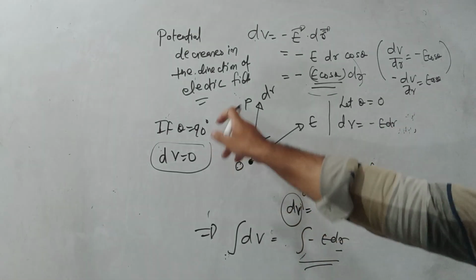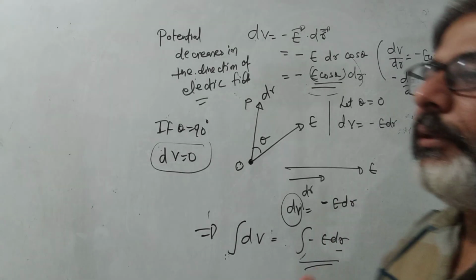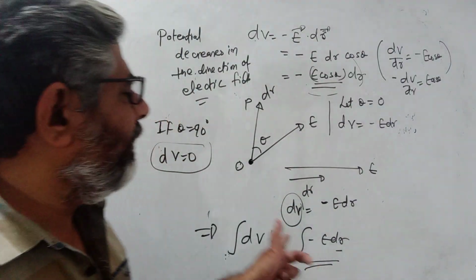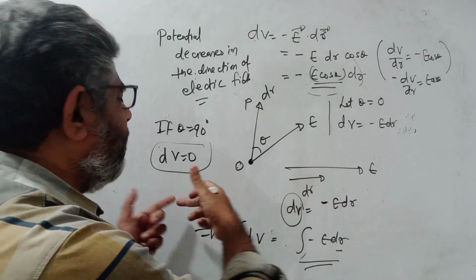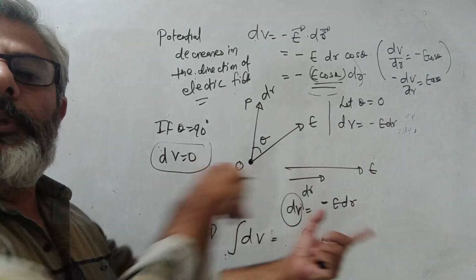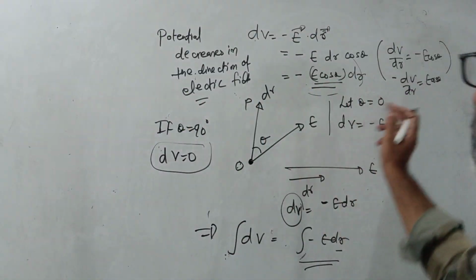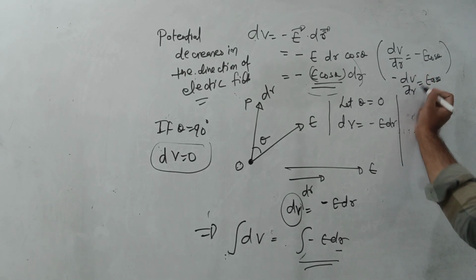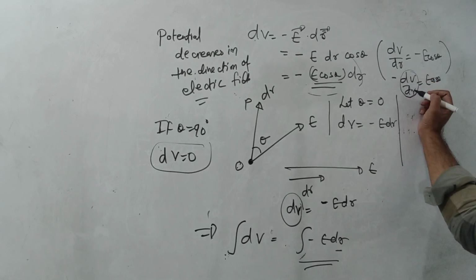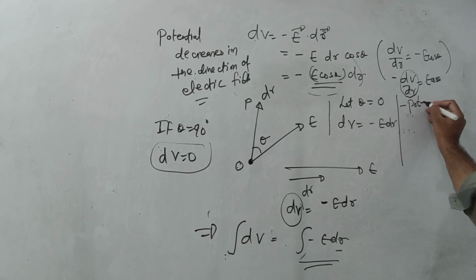Just like I interpreted earlier, if you multiply the electric field with dr, that is displacement in the direction of the electric field, then you get the change in potential, and if you integrate it, you get the change in potential between two points separated by a large distance. Similarly, dV by dr equals minus E cos theta, and this term is called the potential gradient.